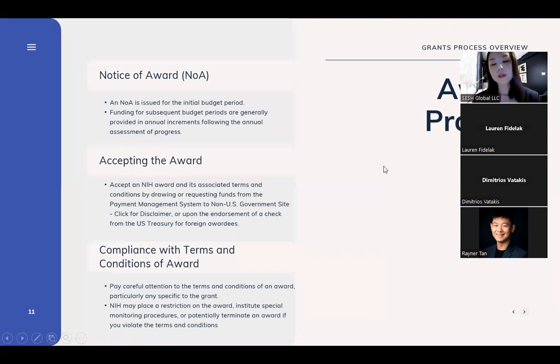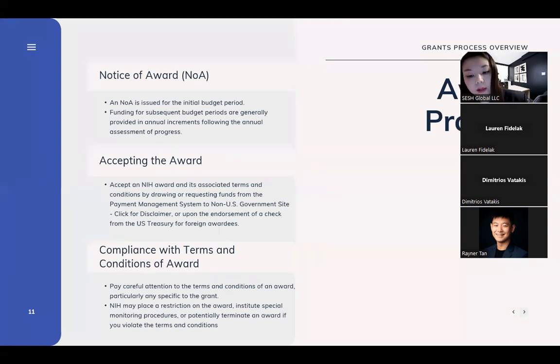So after the award decision is made, first you will get a notice of award, the legal document issued to notify the recipient that the award has been made and that funds may be requested from the designated HHS payment system or office.